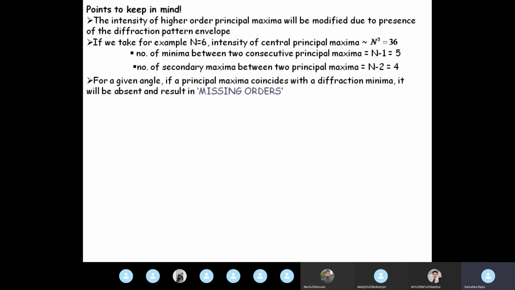For a given angle, if principal maxima coincides with the diffraction minima, then it will be absent and this will result in missing orders.